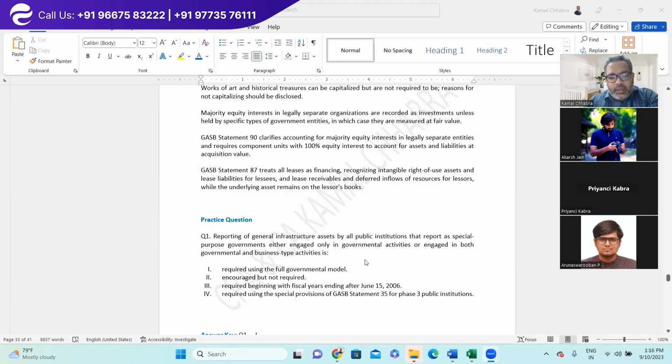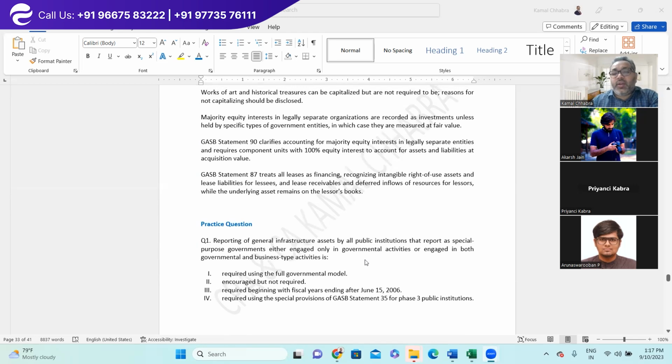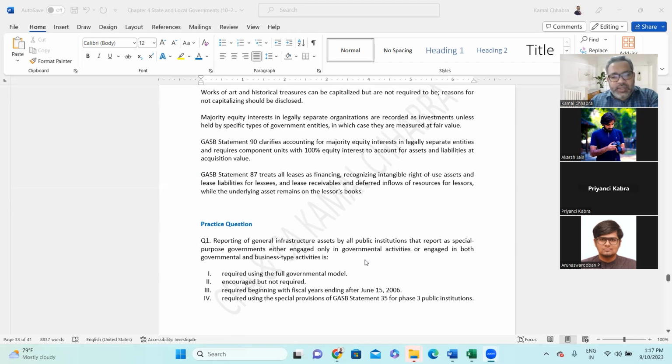They are required using full governmental model, encouraged but not required, or required at the beginning of the fiscal year ending June 2006, or required using special provision of GASB. What they need to do? Have you understood the question?